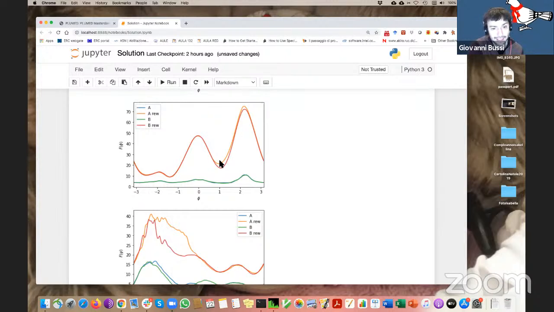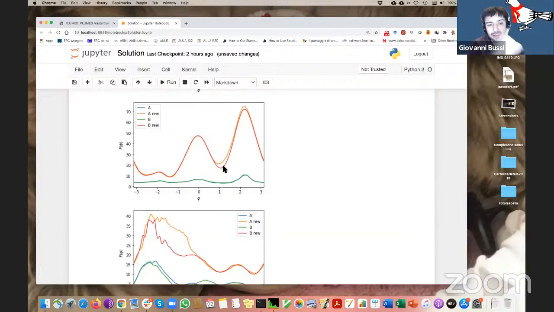Whereas in red, I have the free energy as a function of phi for exercise number 6. So identical setup, starting from a different initial condition. You see the profiles are very similar, except that this minimum is at a different energy.